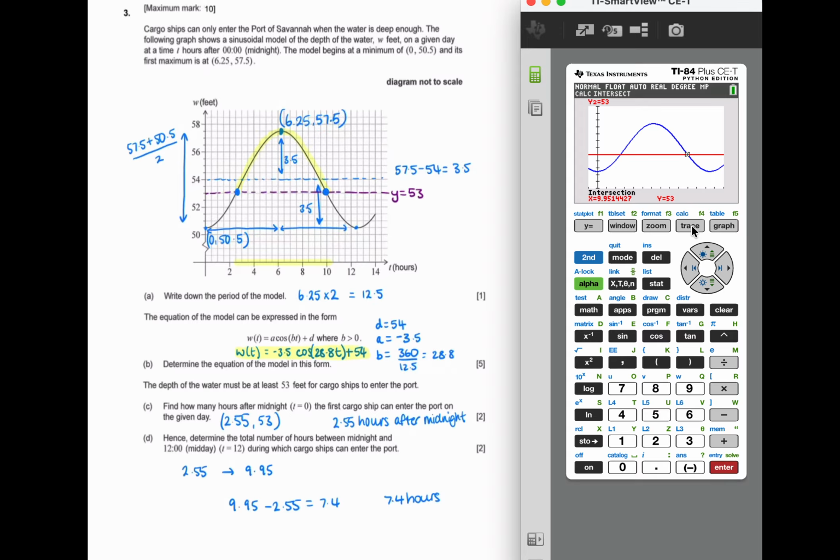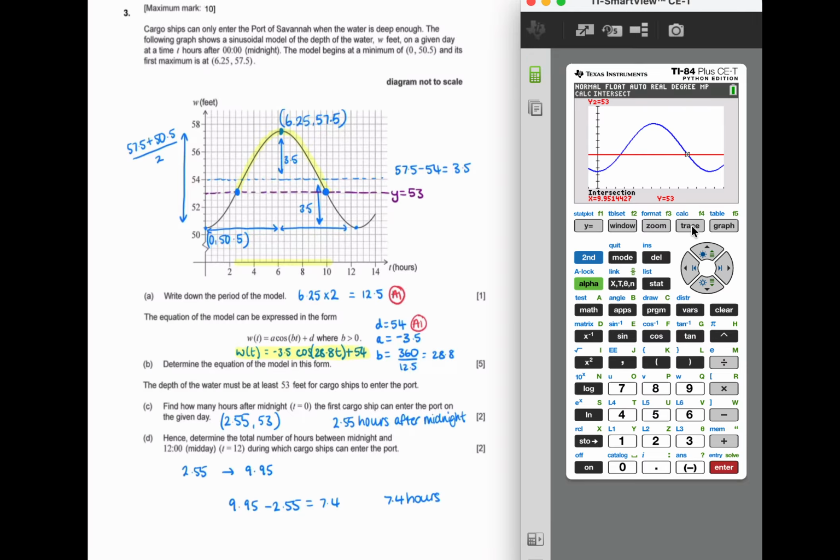In terms of the marks for this question, the first one is 1 mark, and that's just for the answer there of 12.5. For the next part, the values of A, B, and D, there is 1 mark available for the answer to D, so to find that principal axis.